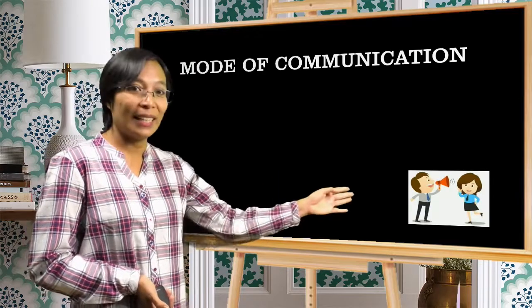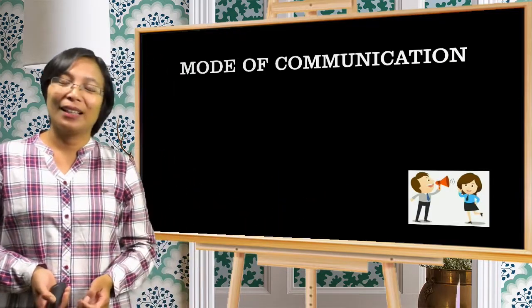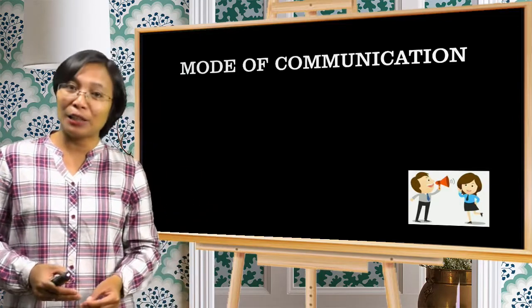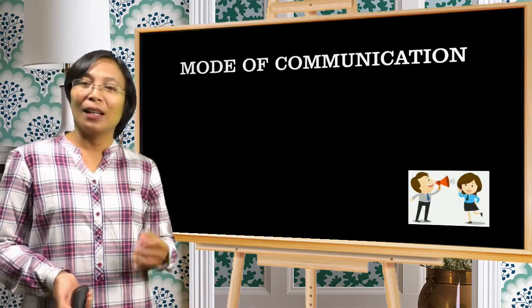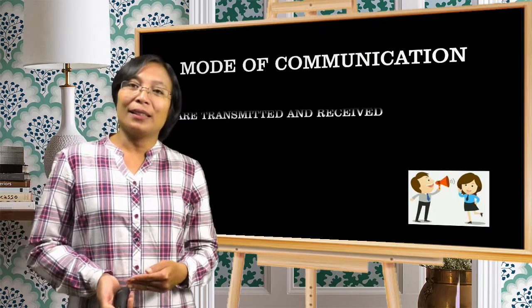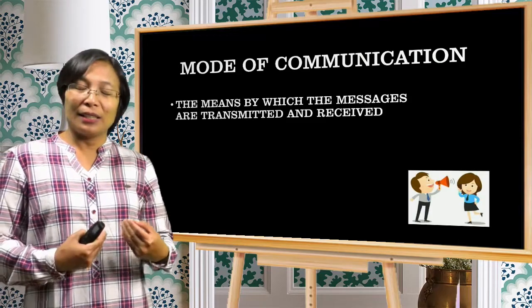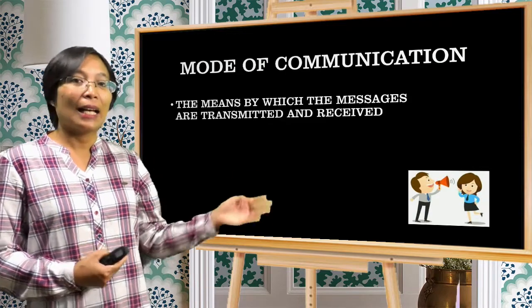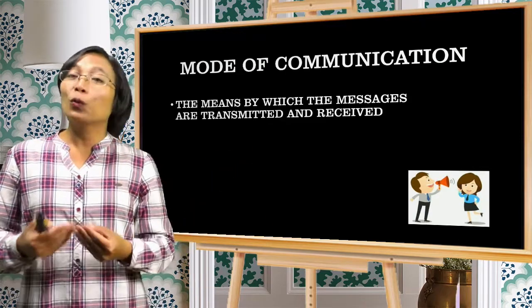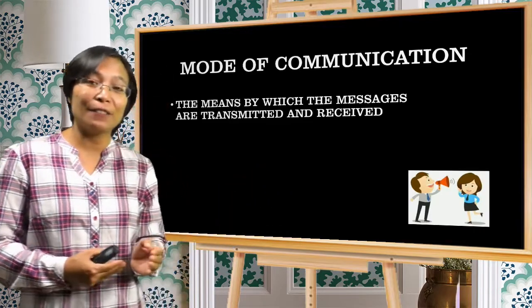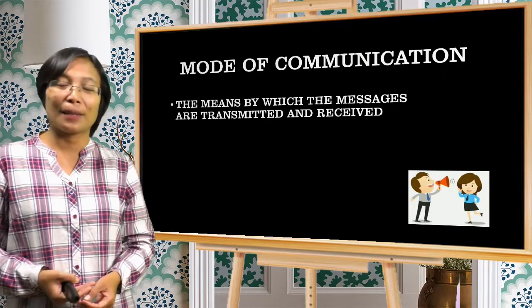What can you see in this picture? Yes, this is the picture of a communication process. I believe that everyone agrees that we use the language as the means by which the messages are transmitted and received in the communication process.